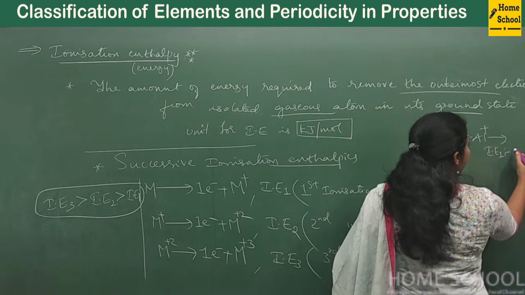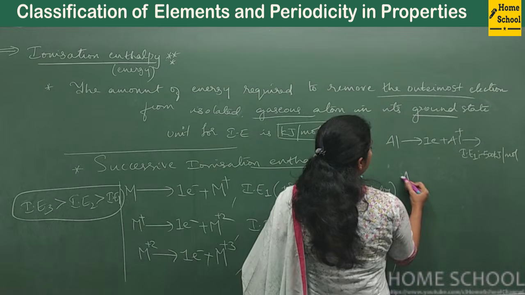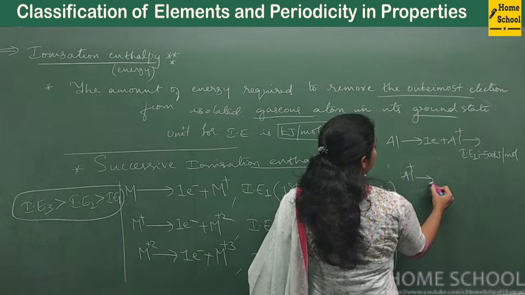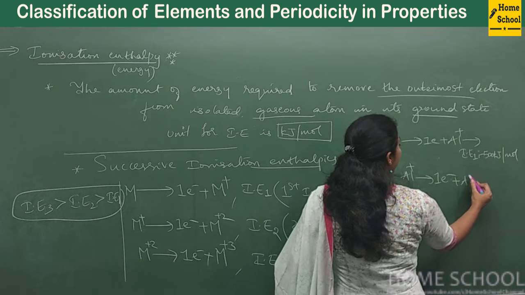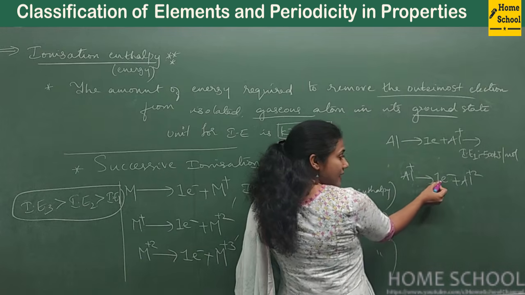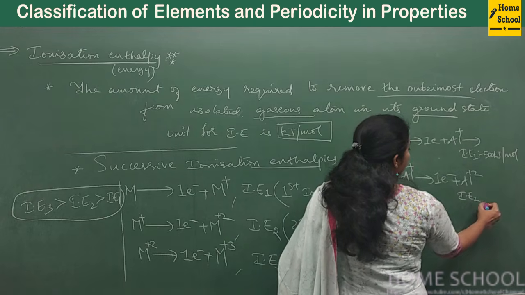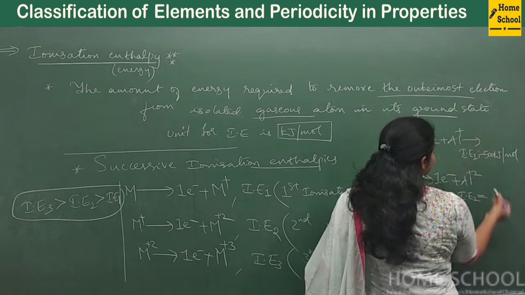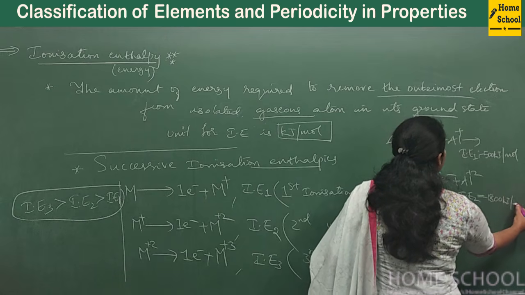Let that IE1 be 500 kilojoule per mole. And from Al plus, you remove one more electron, then Al plus gets converted into Al plus 2. Actually this is the second outermost electron, and this ionization energy we call IE2, and let's imagine its value is 1800 kilojoule per mole.